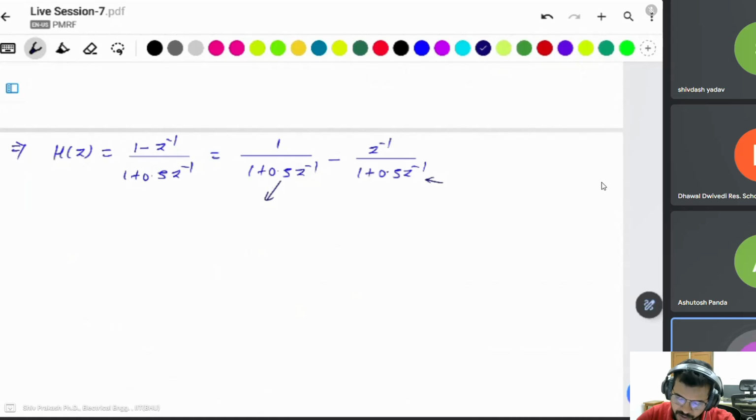There is a note mentioned about the ROC, so you have to choose the causal system only, greater than ROC. Then you know about the shifting property.